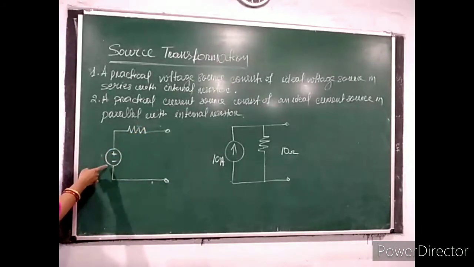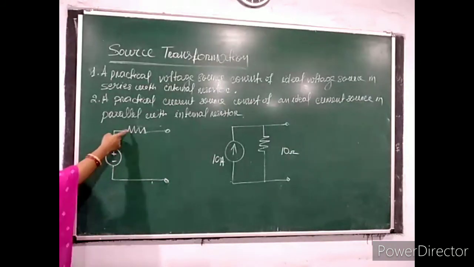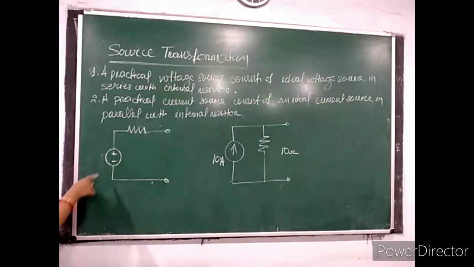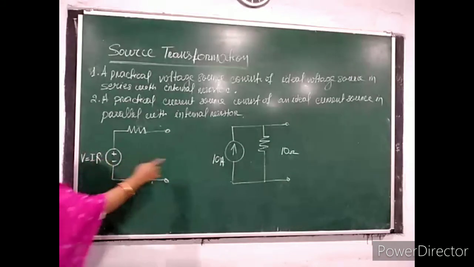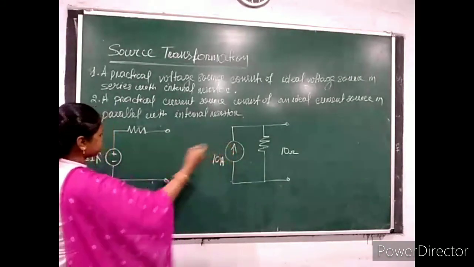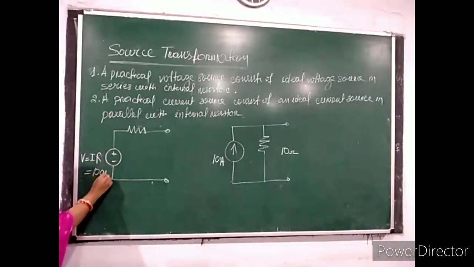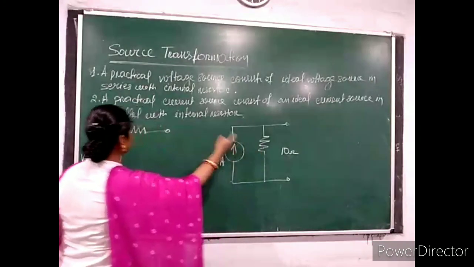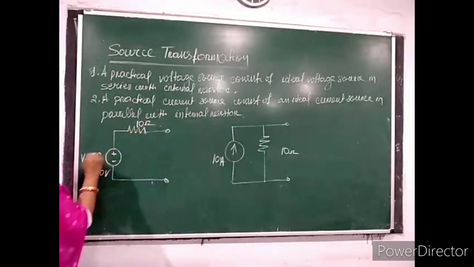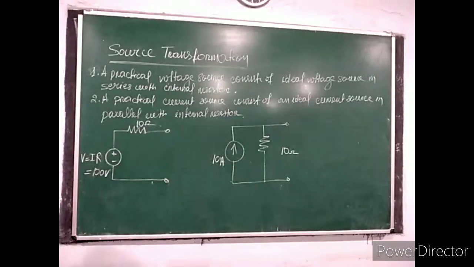As you know, a practical voltage source consists of internal resistance in series. The magnitude of this voltage source is, by Ohm's law, I into R. This current and resistance you multiply, it is 100 volt, and without changing this parallel resistor you connect it in series with the practical voltage source. So in this way, in any complex circuit, if you need some changes between voltage and current source, in this method you can change.